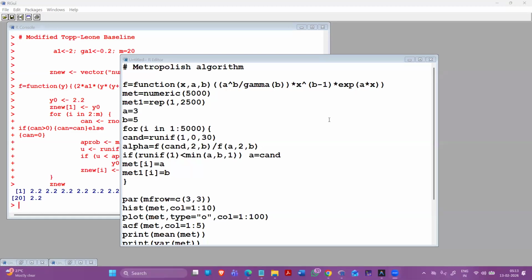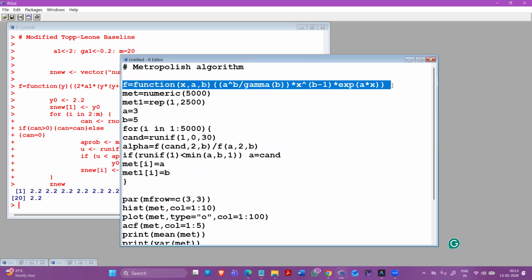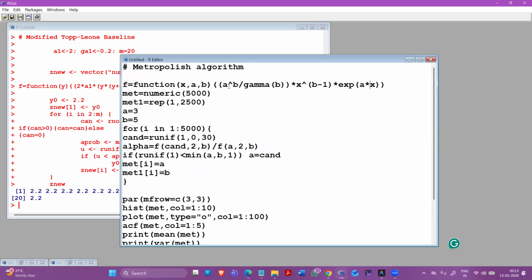So this is the code for the Metropolis algorithm. We are going to generate numbers from the gamma distribution. So what we are doing here: we have the density function of the gamma distribution, right? That is a raised to the power b divided by gamma b, x raised to the power b minus 1, into e raised to the power minus ax.